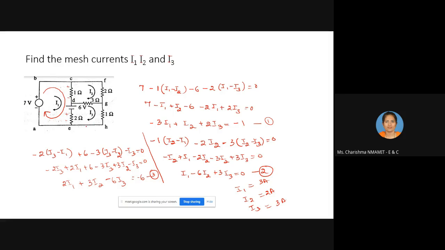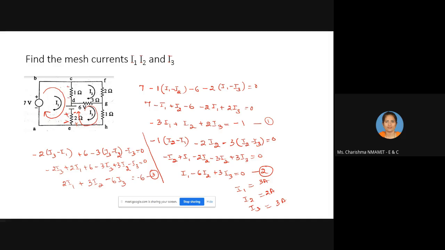You are writing the equation considering the orientation of I3. So this plus to minus is for this orientation. You have assumed the current in this first mesh in the clockwise direction. Through this 2 ohm, it is going from plus to minus. When you are writing the equation for this particular mesh, this end will be plus, this end will be negative, because you are writing the equation with respect to this particular current.